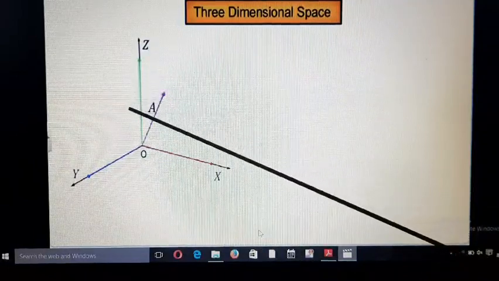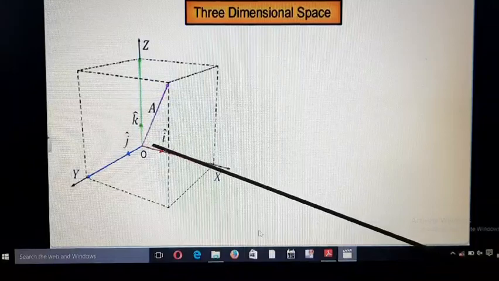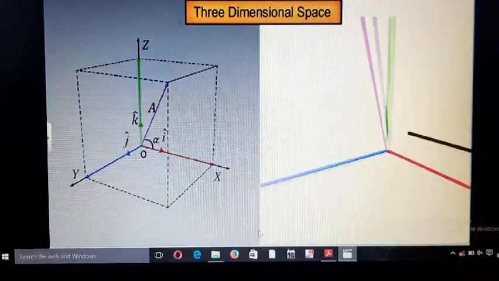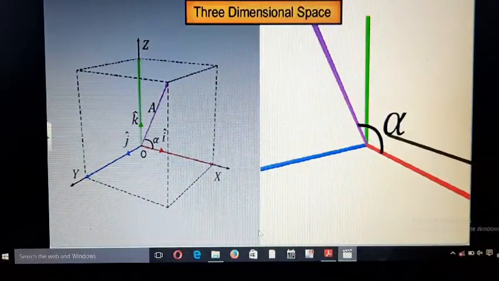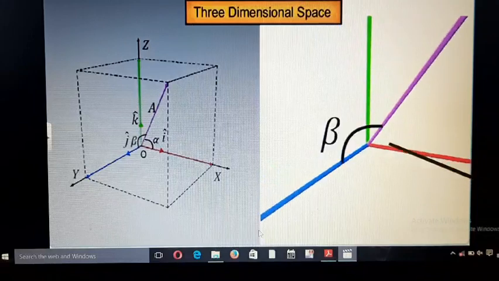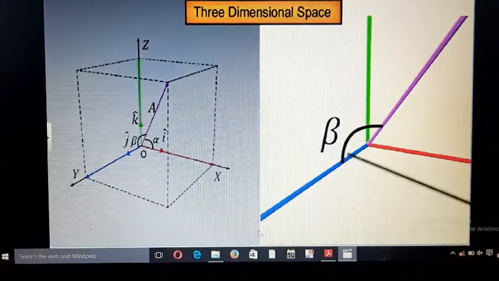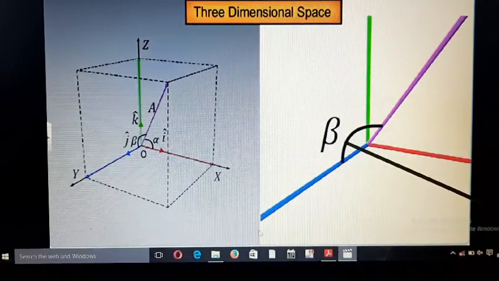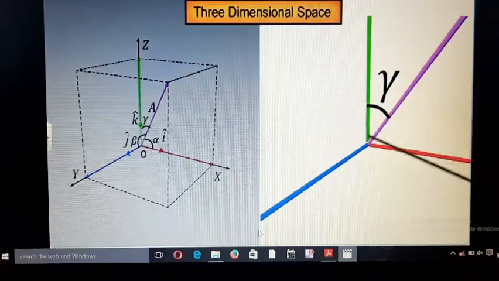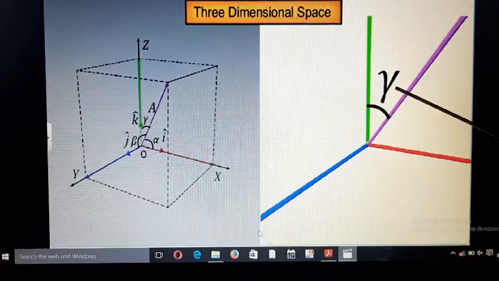Between these axes, the angle is always 90. Look here, this is a vector A. Okay. So here the angle between vector A and the x-axis is alpha. The angle between the y-axis and vector A is beta. And the angle between the z-axis and vector A is gamma.